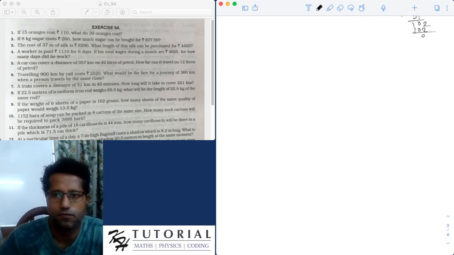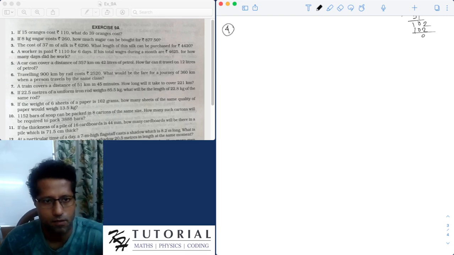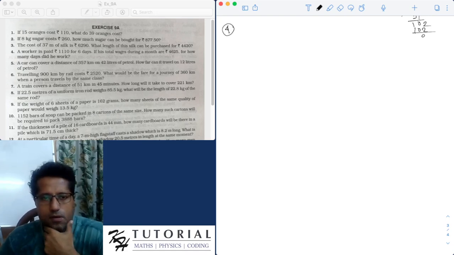Let's see question number 4. It says a worker is paid rupees 1100 for 6 days. If his total wages during a month are 4625, for how many days did he work?